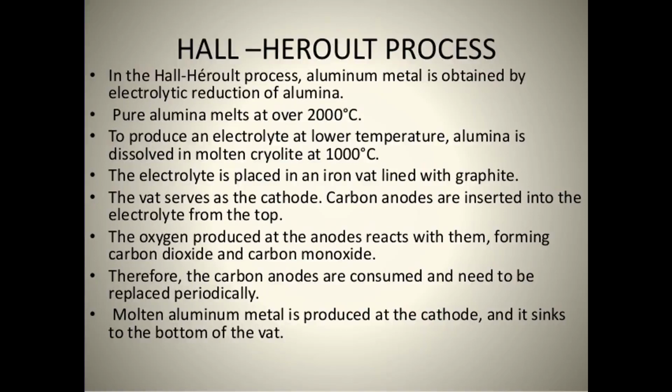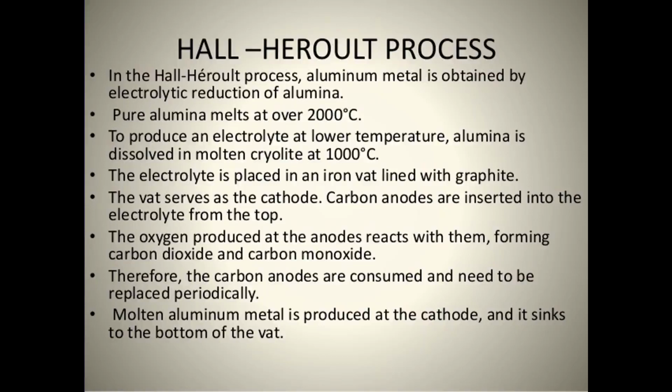Next, a 20% solution of alumina obtained from bauxite ore is mixed with molten cryolite and taken in the electrolysis chamber. About 10% of calcium chloride is also added.